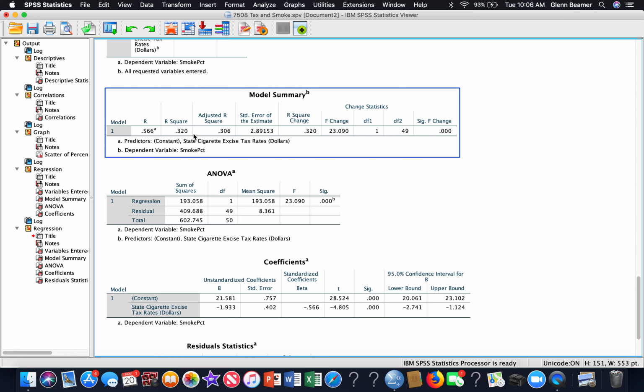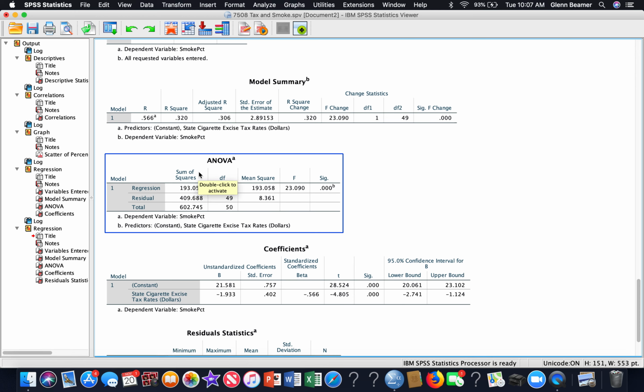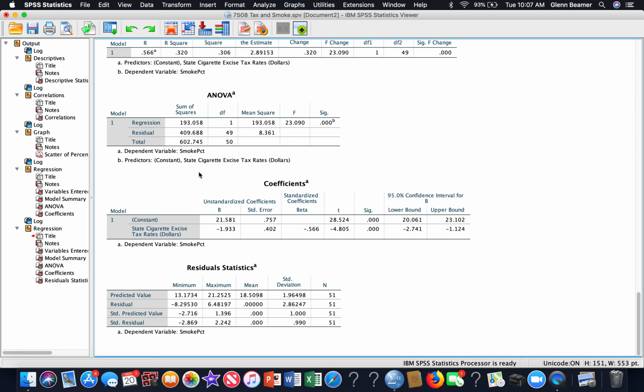The R-squared is 0.32. It's not great, it's not terrible. Again, what's more important is that the standard error of estimate and the standard error of the beta are systematic and significant.